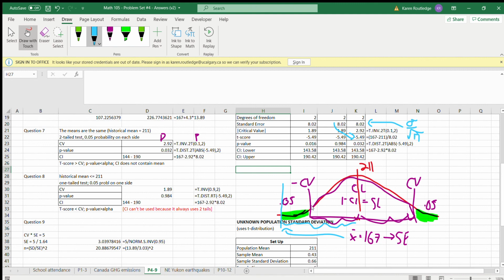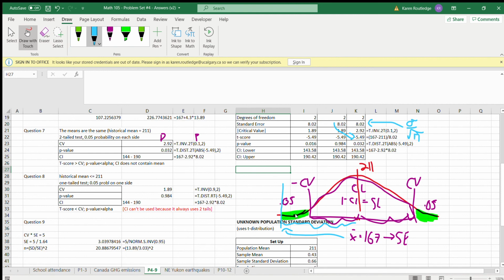Now, remember that if we cross into the green region, we are going to reject the null hypothesis. This is our rejection region. So our data in standard error units is more extreme than the critical value, which just means we've gone into the green region. So yes, we will very readily reject the null hypothesis.